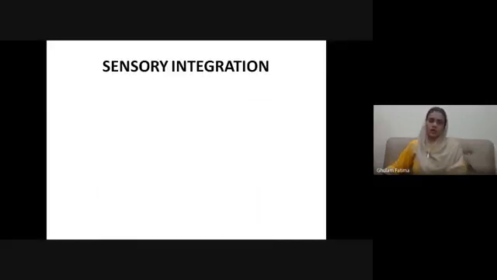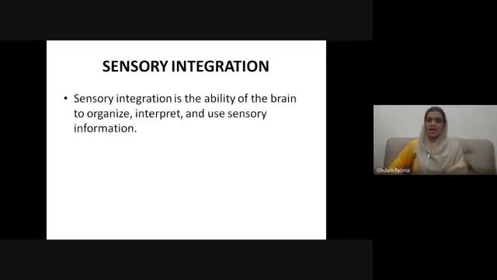First of all, we need to know what is meant by sensory integration. Sensory integration is simply how your brain organizes, interprets, and then uses sensory information. At a particular moment you are getting so many sensory stimuli from your environment.